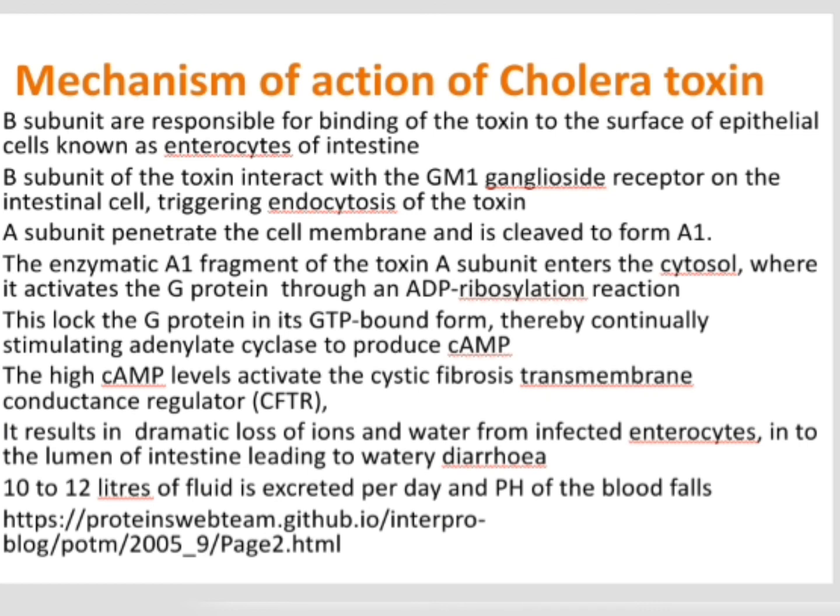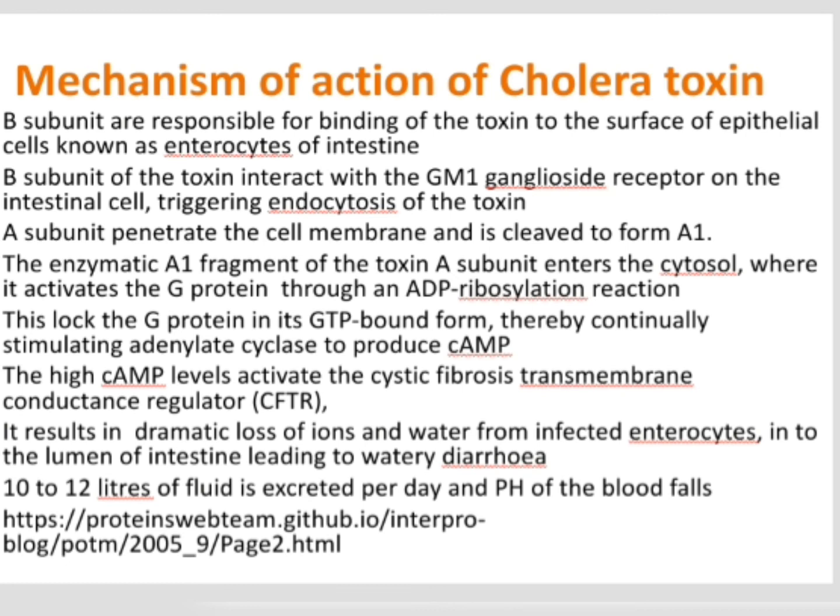So high levels of cyclic AMP will be produced, and it results in activation of the cystic fibrosis transmembrane conductance regulator, CFTR.